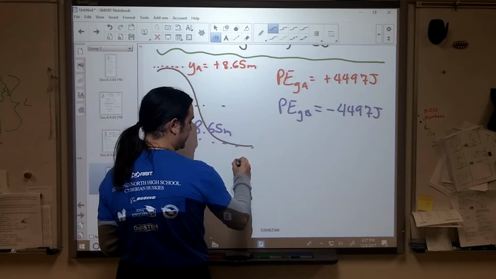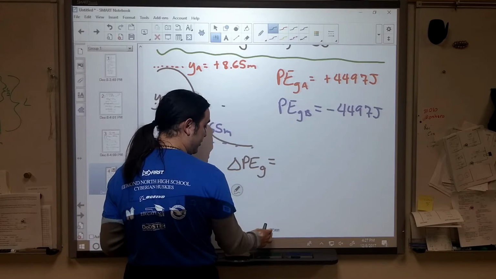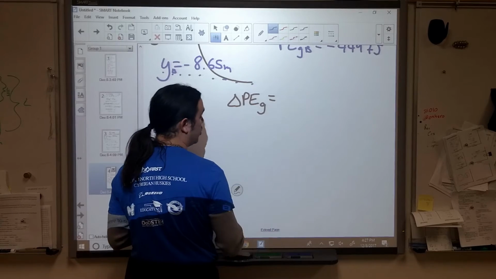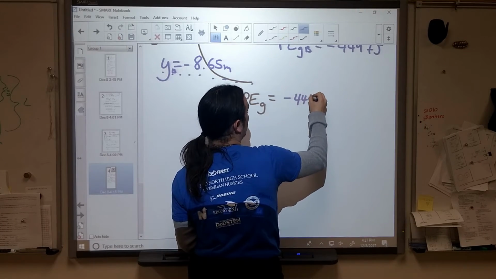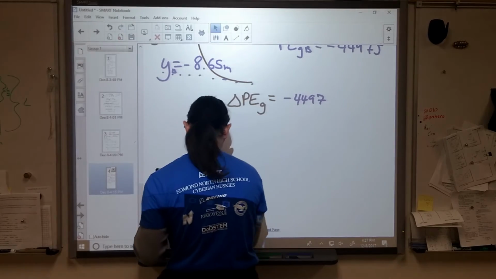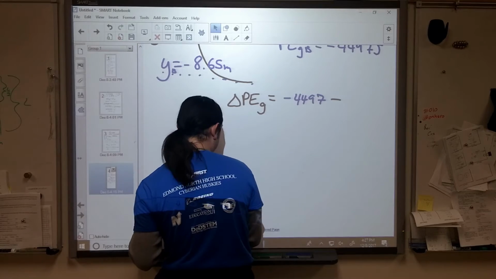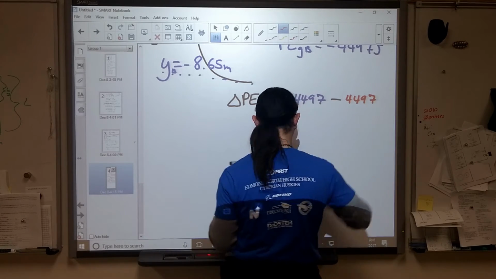All right, finally, let's double check our outcome. Our change in potential energy due to gravity, specifically delta, is going to be final minus initial, which our final is still negative 4497, minus our initial, minus a positive 4497 joules.